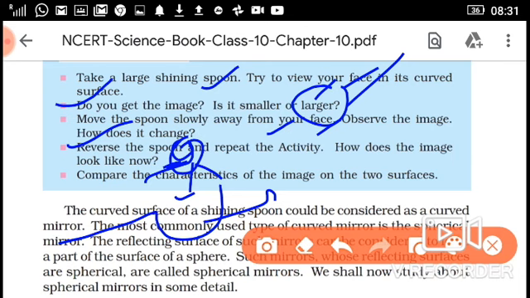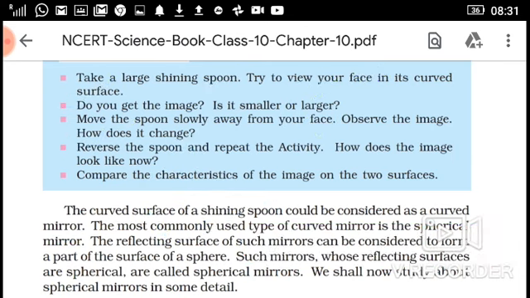Reverse the spoon and repeat the activity. Means when you bring it close, the size of the image is different. When you move away, the size of the image is different. Getting my point? When you move away, then it becomes small. When you move it close, then it becomes large.